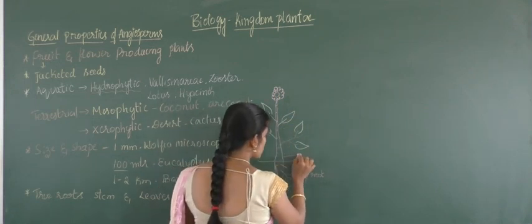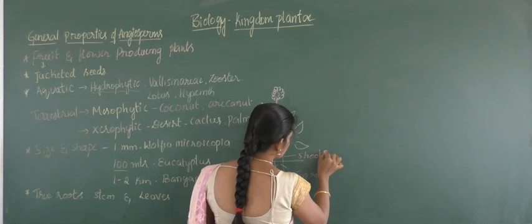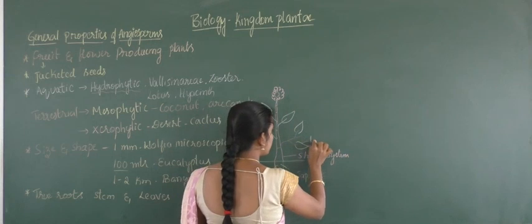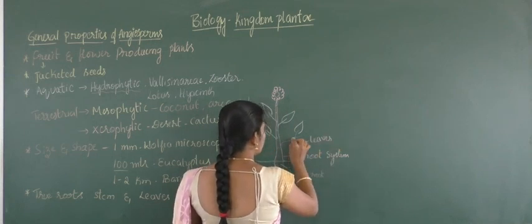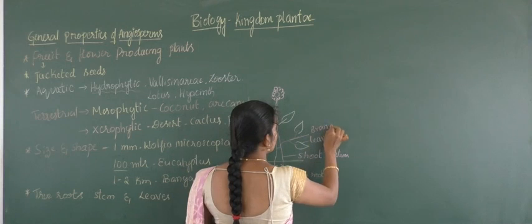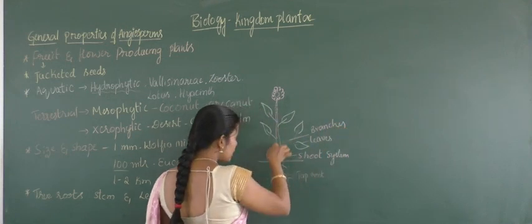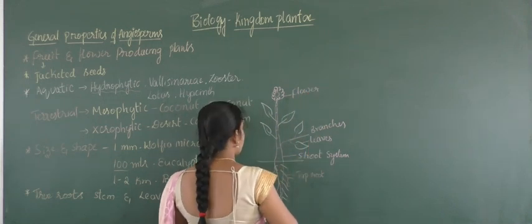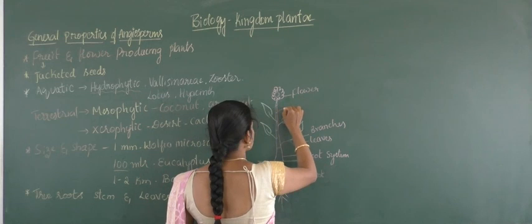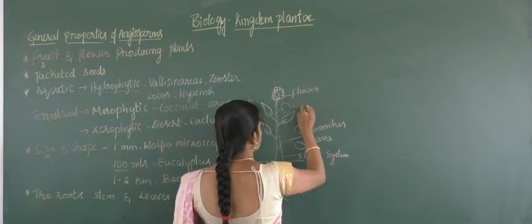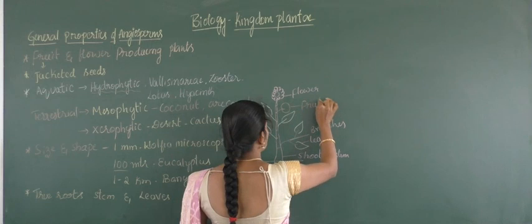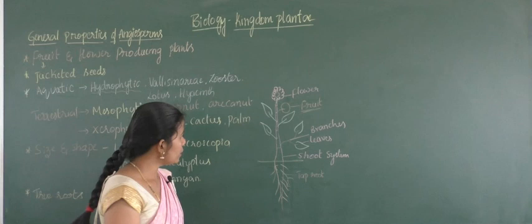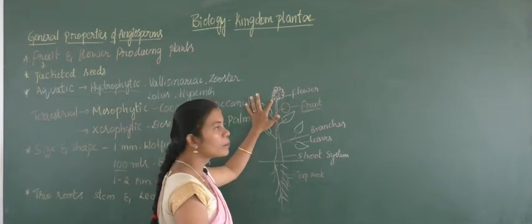You can find the shoot system here. Shoot system, then later leaves, branches, nodes and internodes, later flower, the flower which gives rise to fruit also. So this is a normal morphological structure of a flowering plant, and we will take up the reproductive structure.